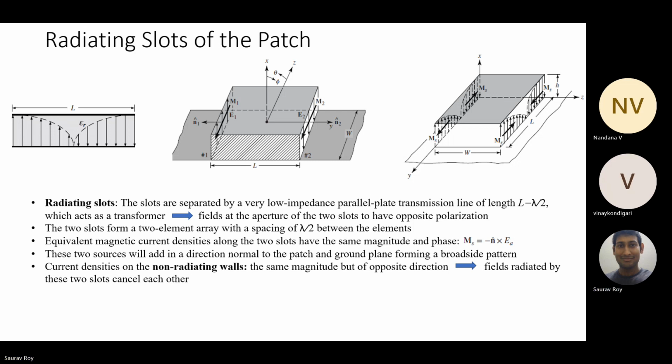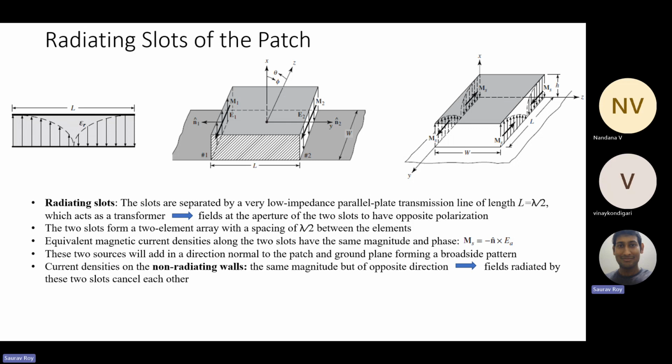When you take the equivalent current source M across these 2, you see they are in the same direction. Although the electric field is in opposite direction in these 2 slots, if you take n cross E, it is very simple. On slot #2, the electric field is downwards and n is in the outward direction, so M2 becomes directed towards -z.